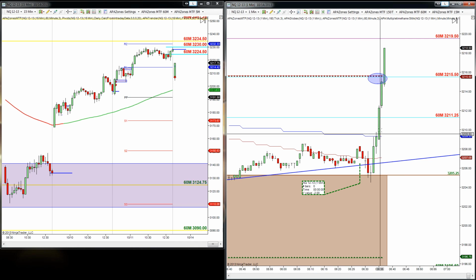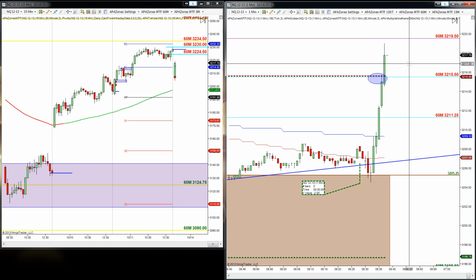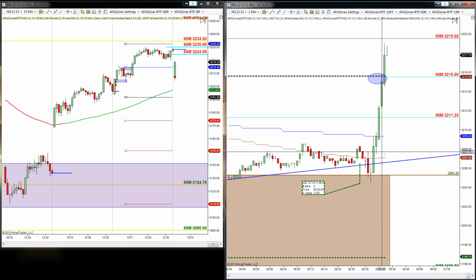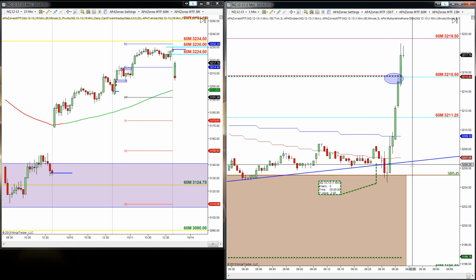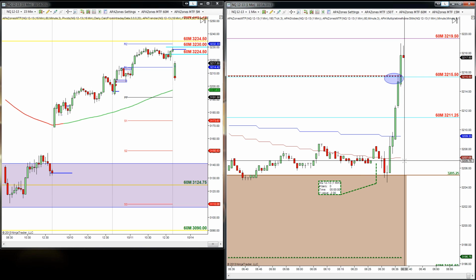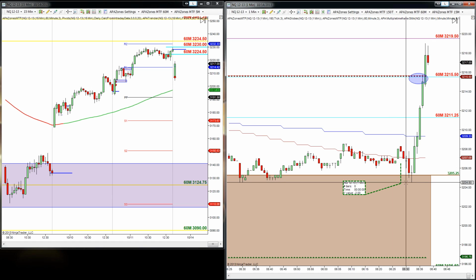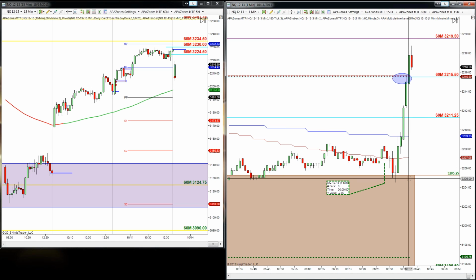And it's really big. This Globex high level may be retested here.